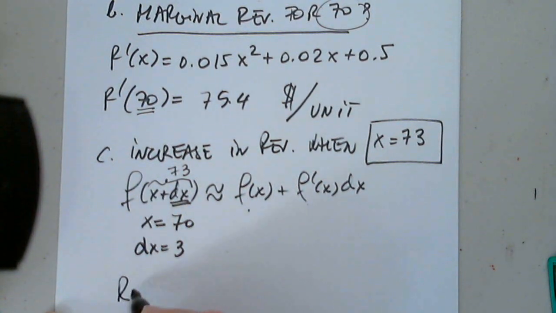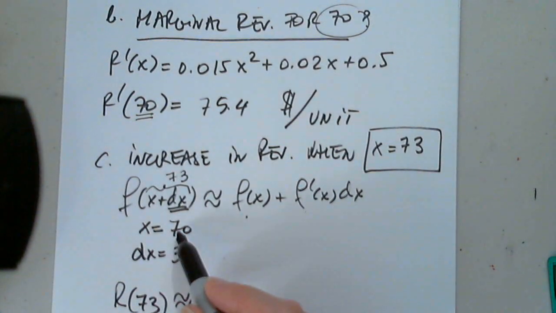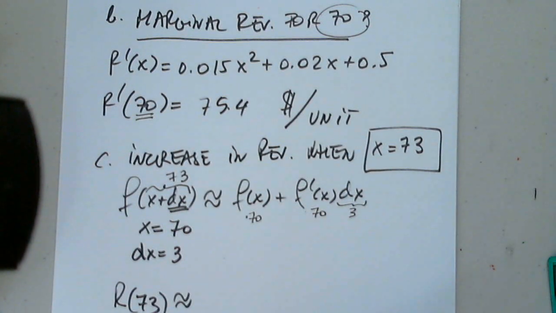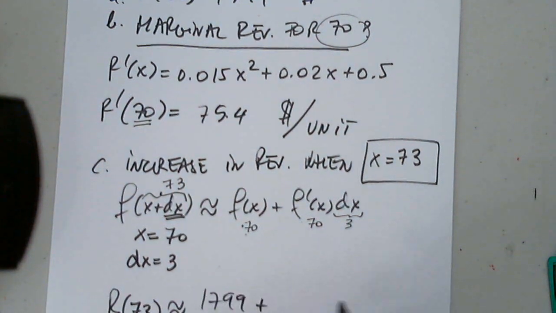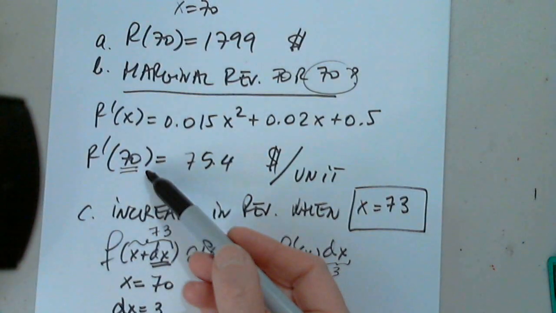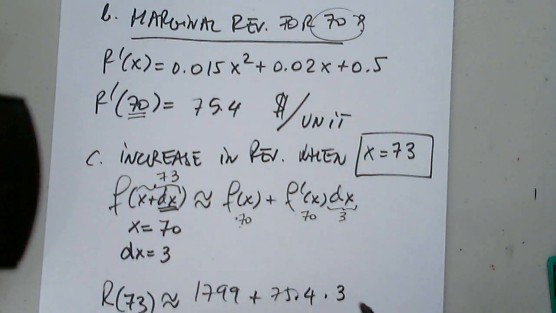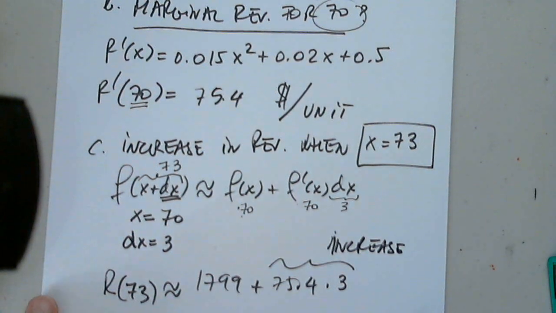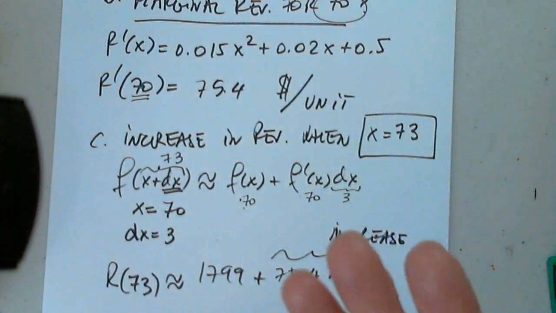Yes. So then R of 73 will be approximately, so x is 70 and dx is 3. So R of 70, we have it, 1799, plus R prime of 70, we have it, 75.4, times 3. This is the approximation of the increase. That's all we needed to do, just calculate this, and that's the increase.